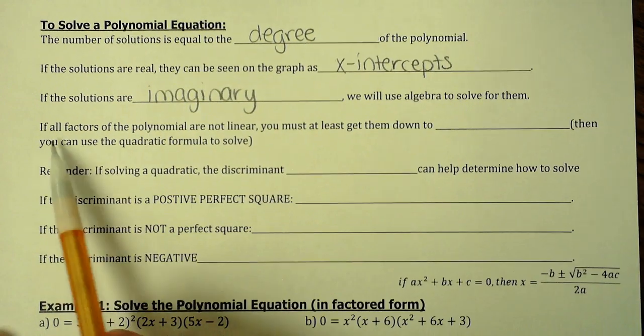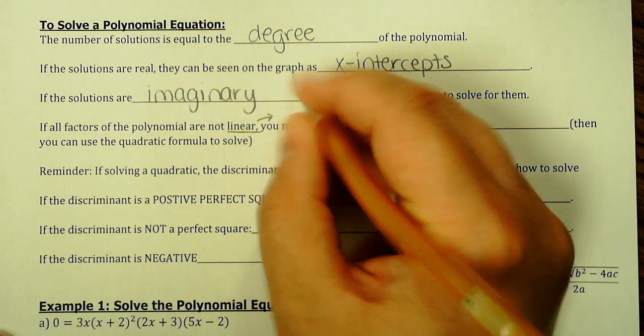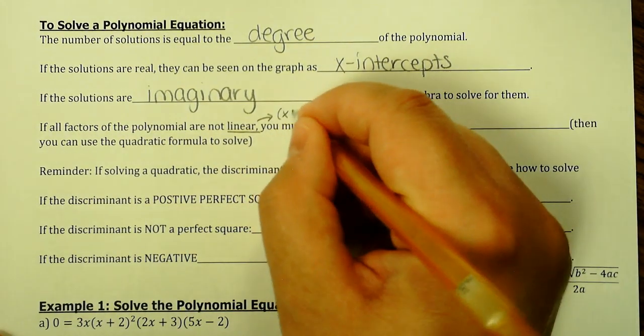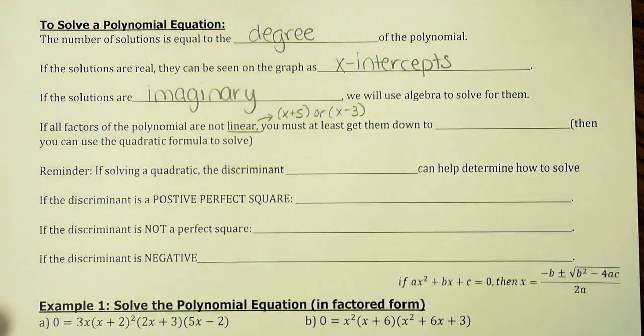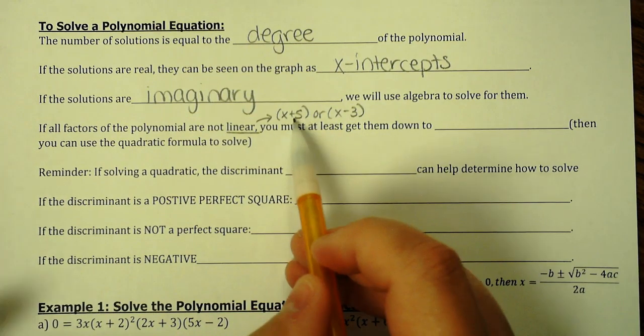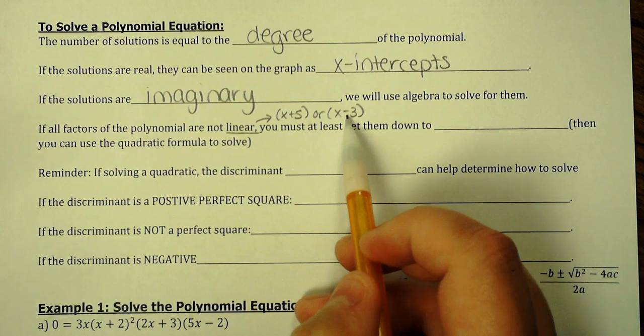So if all the factors of the polynomial are not linear, okay, so what that means, a linear factor would look something like an x plus 5 or an x minus 3 or something like that. A linear factor just has an x. And if you have that format, you can just set that equal to 0 and find your 0. So like if this was a linear factor, -5 would be an answer. If this was a linear factor, 3 would be an answer.